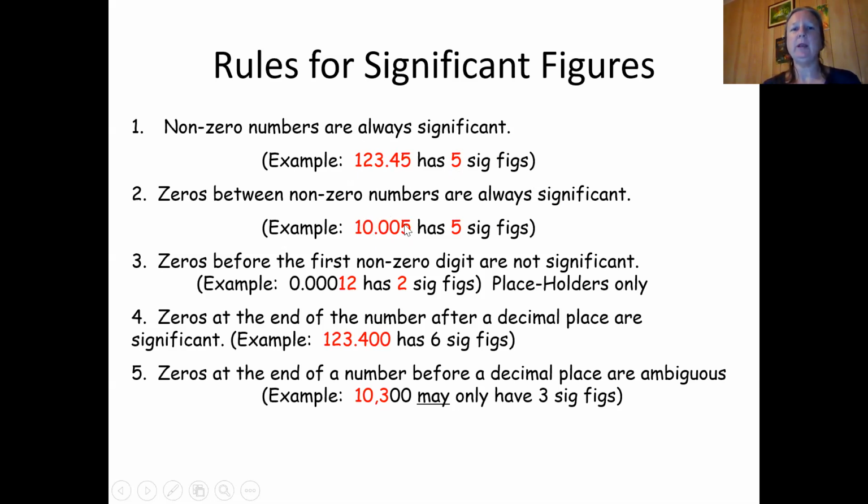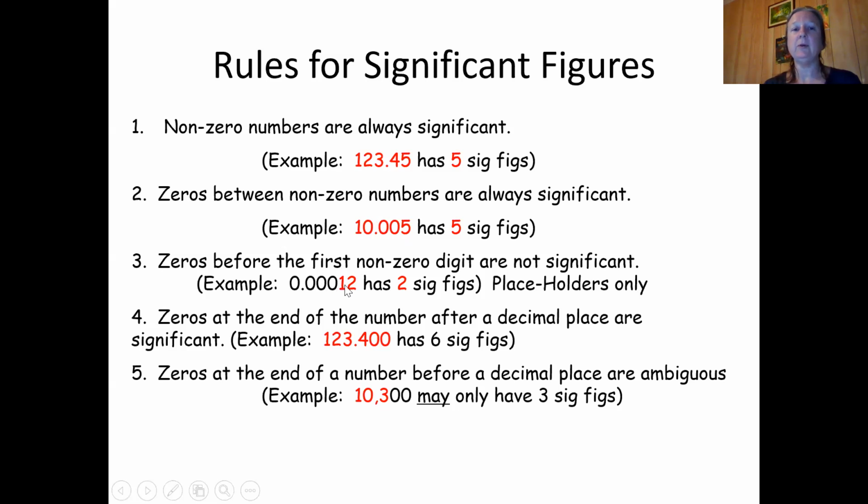Zeros in between non-zero numbers, regular numbers, are significant. So they obviously have to be there. If a zero is between your first set of real numbers and decimal, it's not significant. It's a placeholder. Okay?